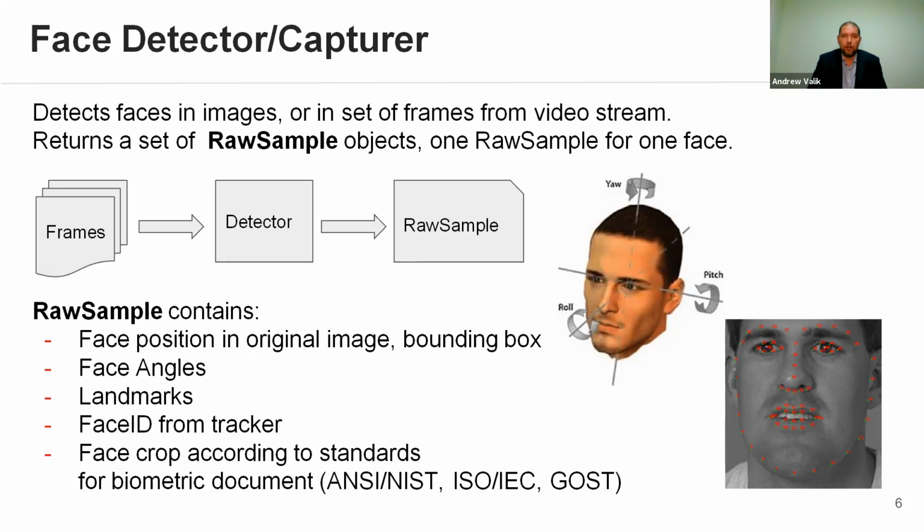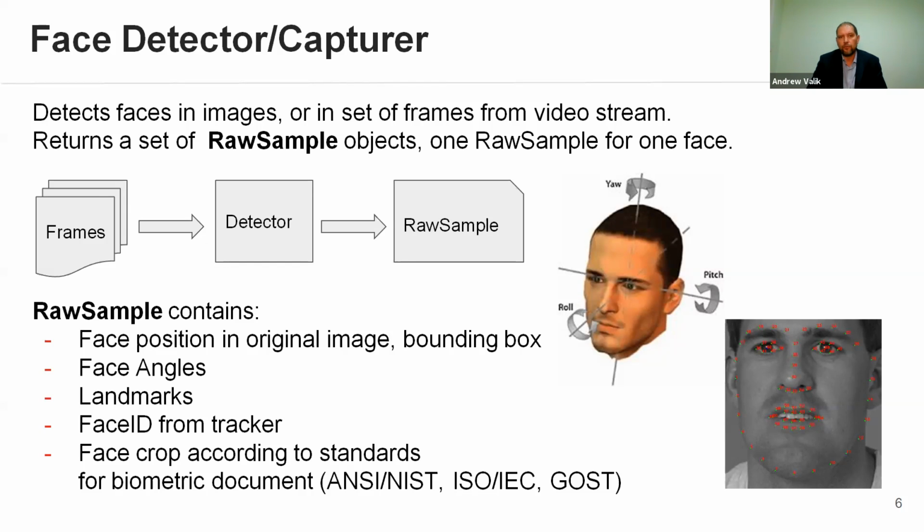So in some images the detector can find a few faces and return a list of raw sample objects. A raw sample object contains the face position in the original image, like a bounding box, face angles in 3 dimensions, roll, pitch, and yaw, landmarks, and a face ID.